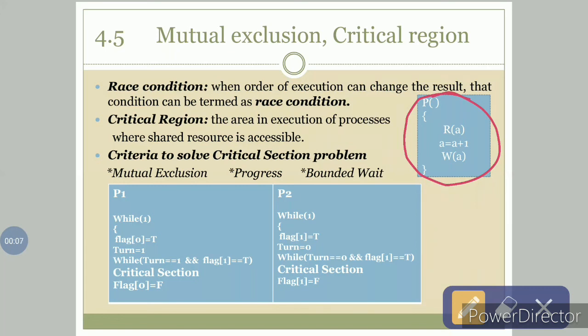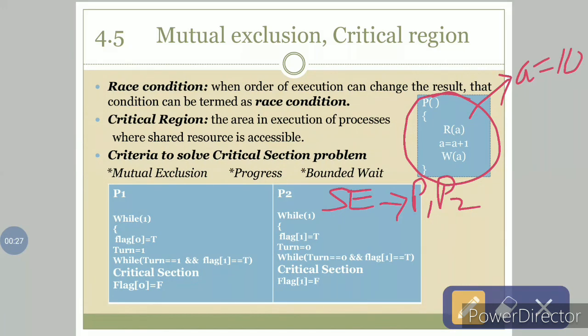Firstly I'm taking systematic execution. We have two processes, P1 and P2. Both the processes P1 and P2 will execute this small piece of code, and we will assume the value of A as 10, let us say.